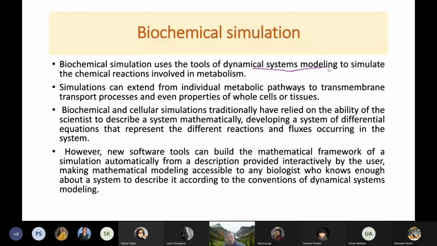chemical reactions involved in metabolism. So simulation can extend from individual metabolic pathways to transmembrane transport processes and even properties of the whole cell or tissue.